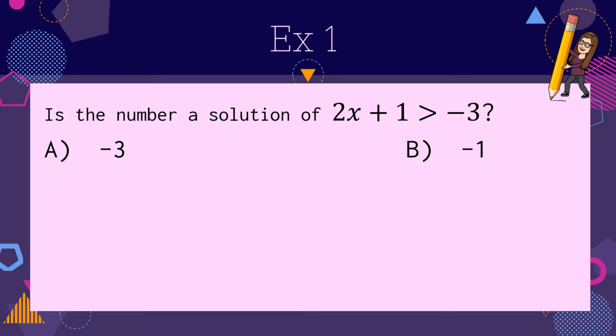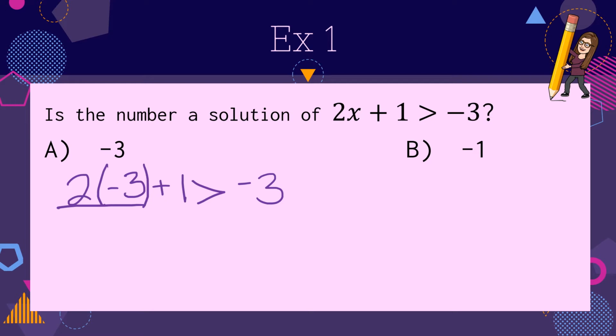So let's see if these numbers are solutions, meaning I want to see, does -3 create a true statement in my inequality? So instead of x, I'm going to put -3. We're substituting it in. Now, that looks kind of weird. It looks like 2 minus 3, so really I should substitute parentheses. All right, let's simplify.